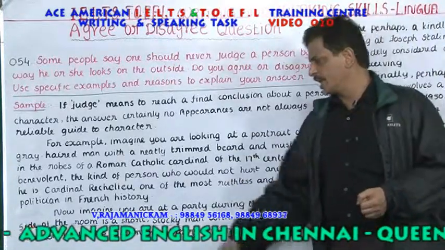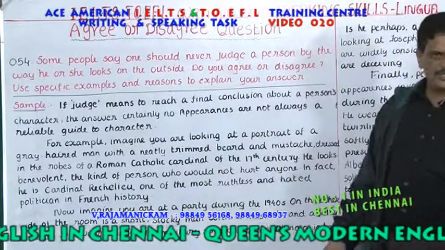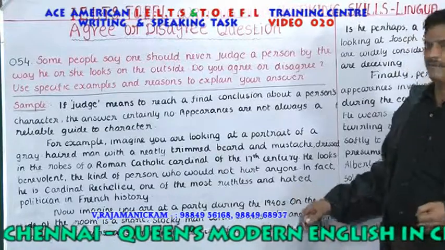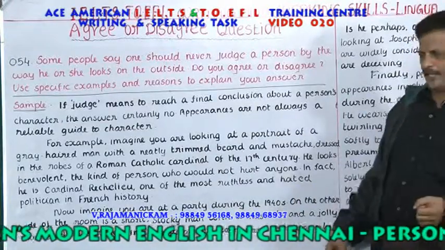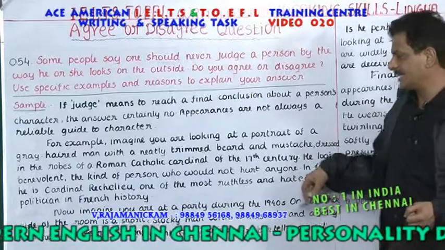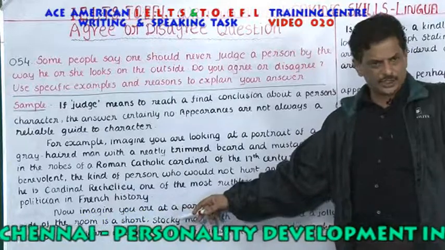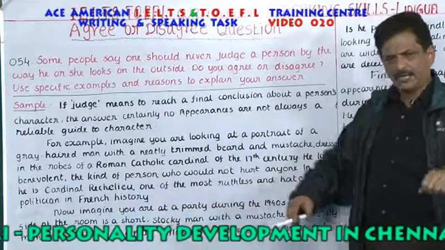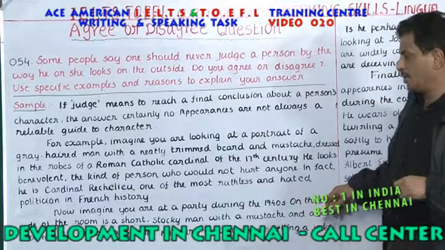Now imagine you are at a party during the 1940s, World War II time. You are at the party. On the other side of the room, in the nearby room, there is a short man, stocky, plump, with a mustache and a jolly manner.